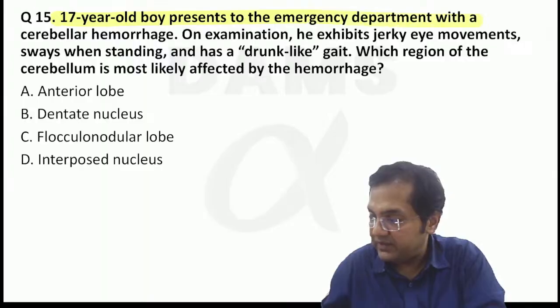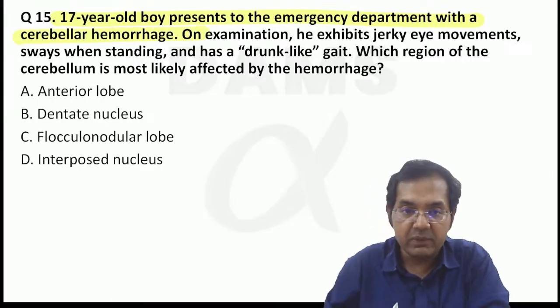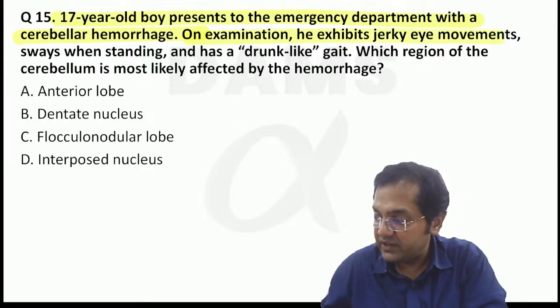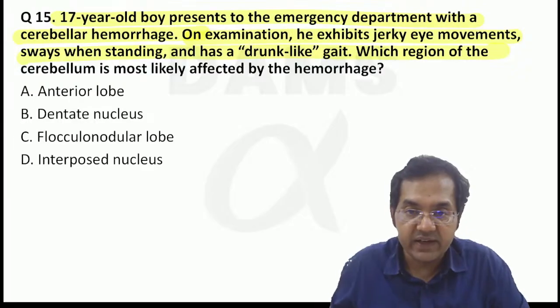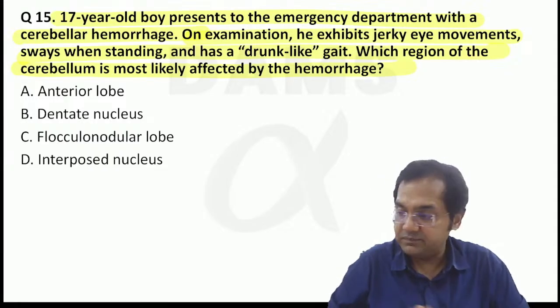A 17-year-old boy presents to the emergency department with a cerebellar hemorrhage. On examination, he exhibits jerky eye movements, sways while standing, and has a drunk-like gait. So he has nystagmus and postural imbalance. Can you tell me what is the answer?